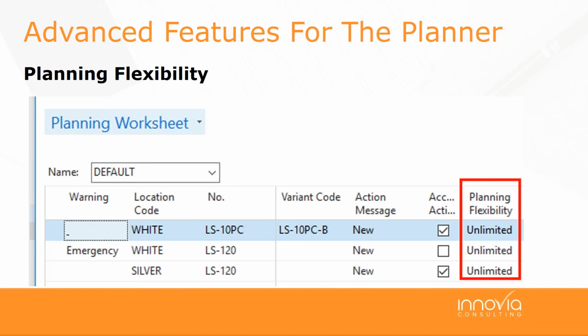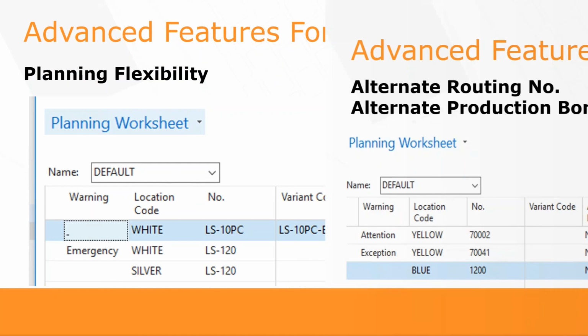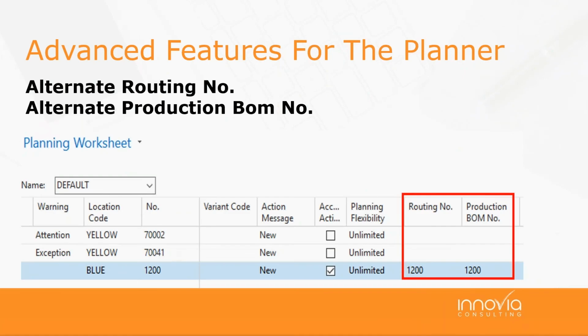Obviously, I would see a new PO recommended in my planning worksheet or requisition worksheet for that same item, and I would know I could go and see, wait, I got a PO that's coming in, like in 2 days from now, that would cover it, but it said a new one. As a planner, I would know what POs I have out there for that item. When I'm going to the why, and I'll go through that in a minute, of why this thing is telling me all this data, I'll give you 3 ways to look at it. So planning flexibility, good field, but you have to be a little bit careful with it.